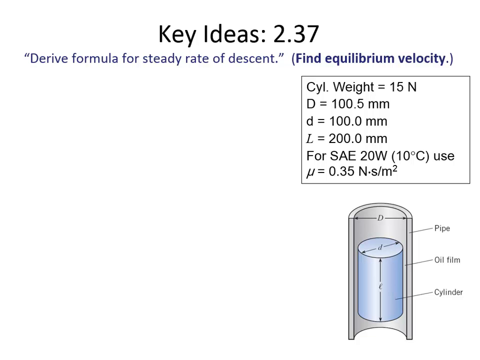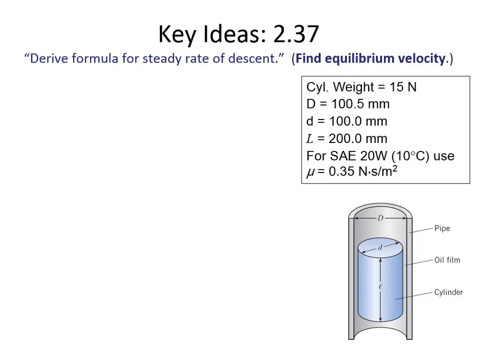And so here the equilibrium is, it's falling because it has some weight of 15 newtons. It's falling through the cylinder, but the shear forces are resisting that movement. The oil is pushing up on the cylinder as the cylinder moves downward. So you've got the weight acting down and the shear forces acting up. And in equilibrium, the 2 are equal.